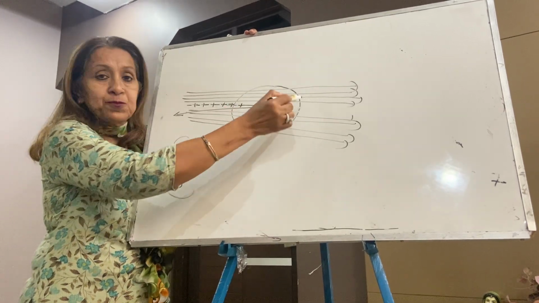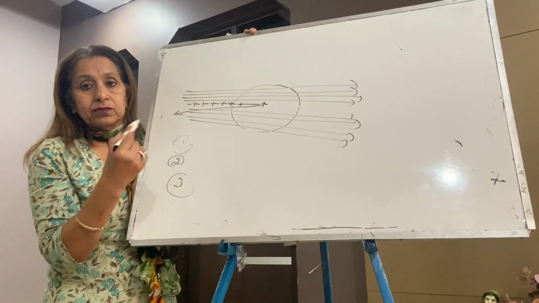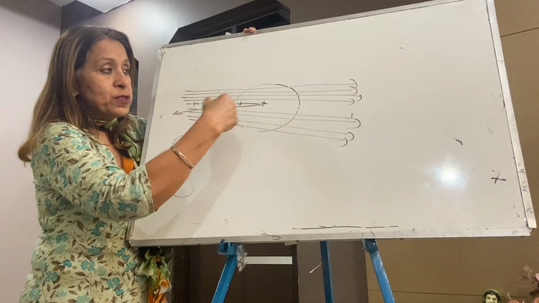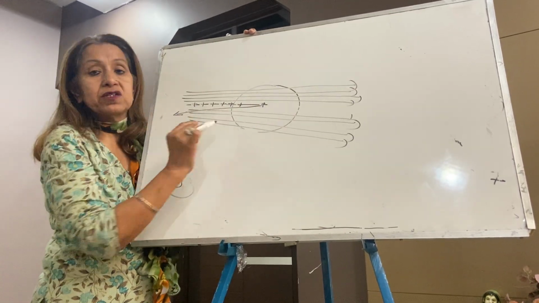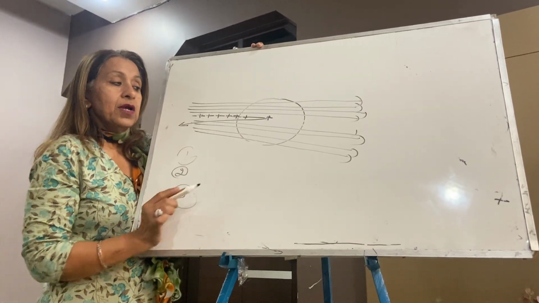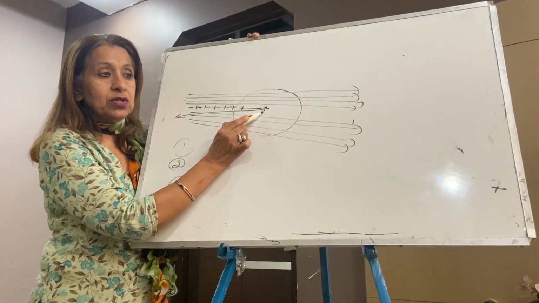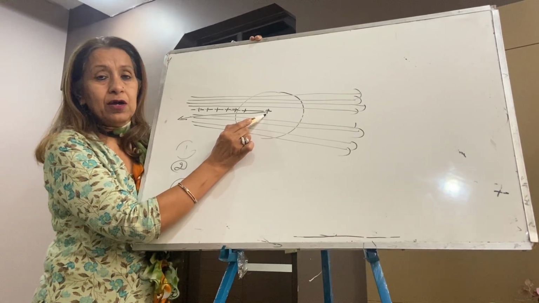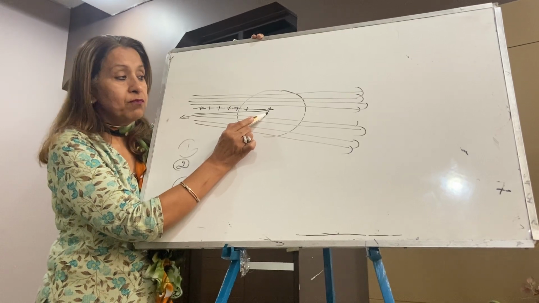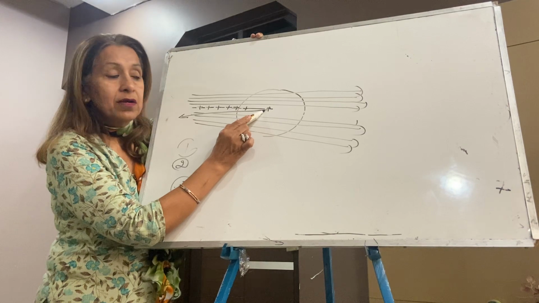If this total is proton, every alpha ray would have to come back. Because most of the alpha rays passed, this total is not a proton. So the Thomson model was discarded. And this is a proton, occupying a very small area. That's the reason only one alpha ray comes back.